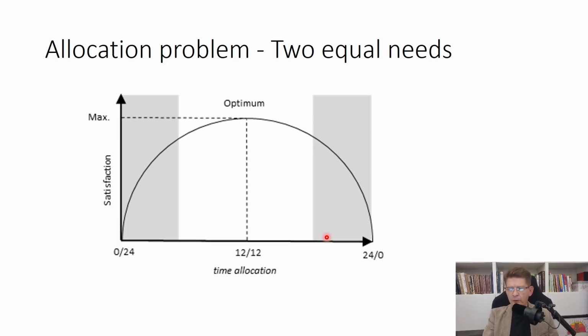As we move away from the optimum in any direction, our satisfaction declines. However, it initially declines very slowly, much less than proportionally. So, within a certain relatively broad range, deviations from the optimum have almost no effect on our satisfaction.